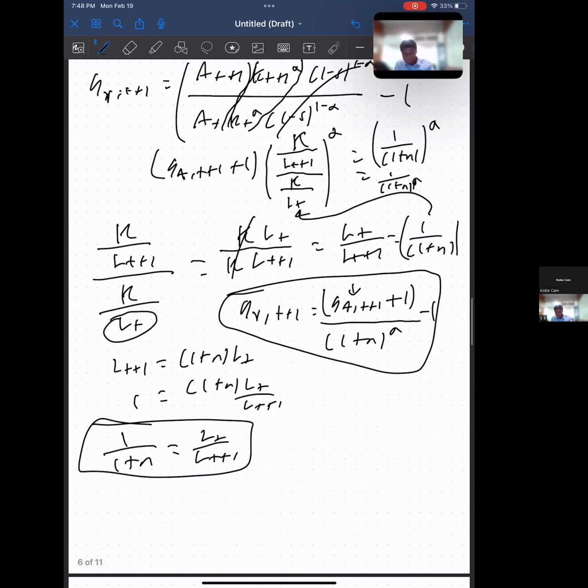Okay. We also know by the properties of steady state that if one of these terms is at a steady state, so for example, if GA, the growth rate of technology, is at a steady state, we also know that the growth rate of output must be at steady state too.